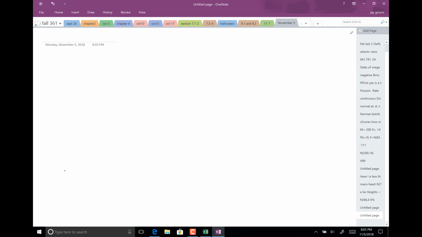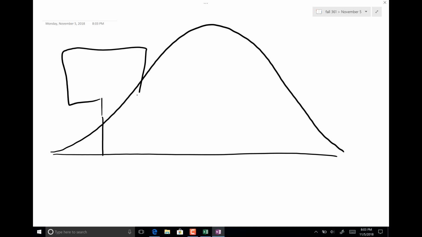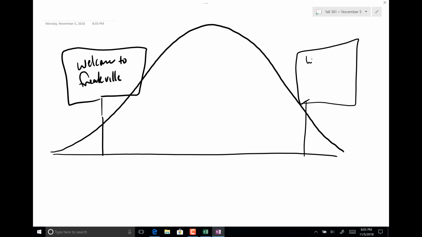We're going to see over the next couple weeks some different applications of the normal curve. Suffice it to say that the entrance to Freakville on both sides is approximately 2 standard deviations.